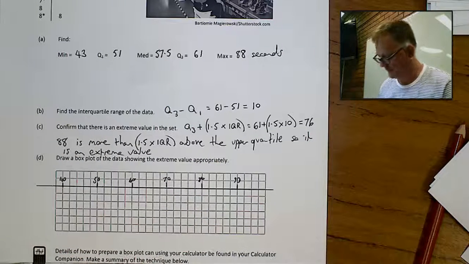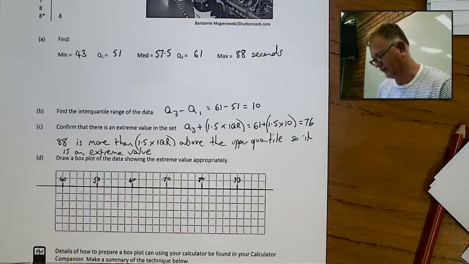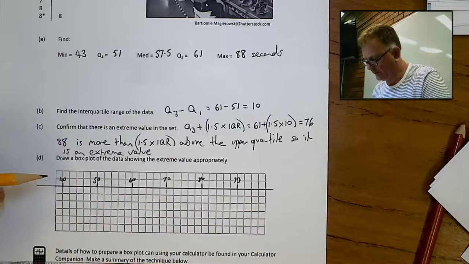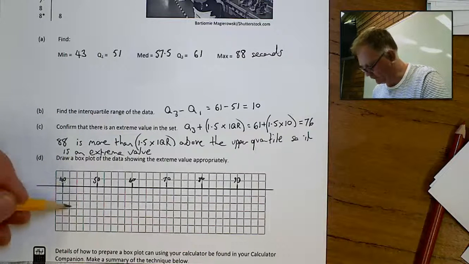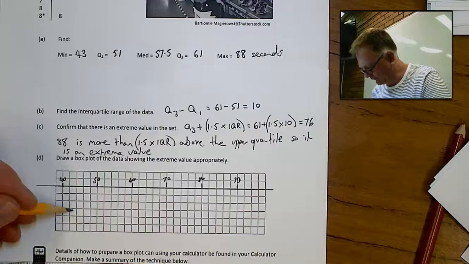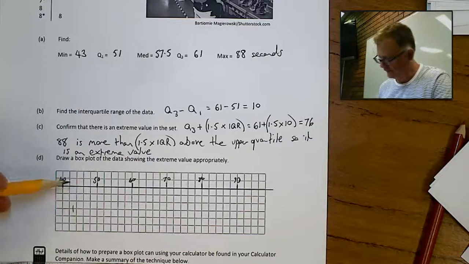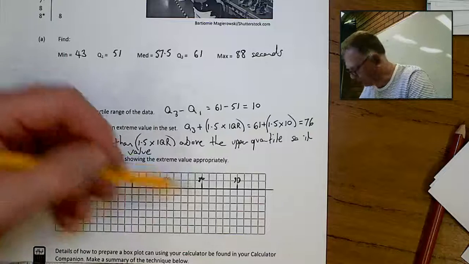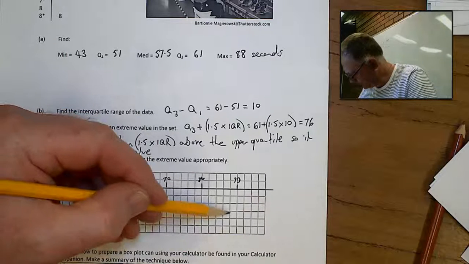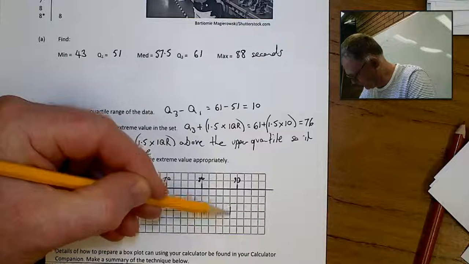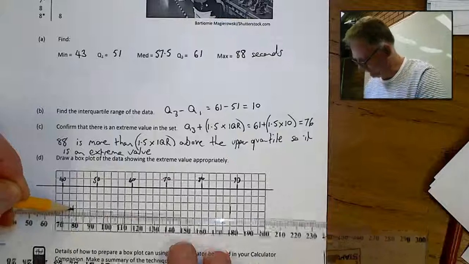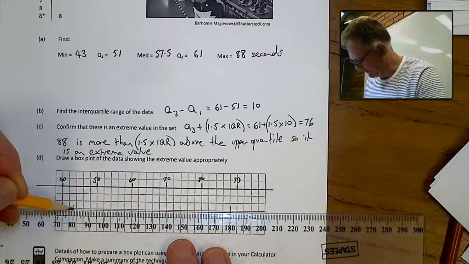Okay, so the box plot. Now normally this is how we do it. We'd normally start at our minimum score, which is 43, so we're going up in twos, remember, so that must be 43. And our upper score is 88. I'll just put it there for the moment. Go up to 88. And draw in pencil. I'll start and draw a line between them.